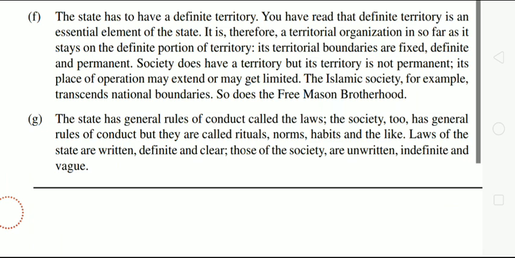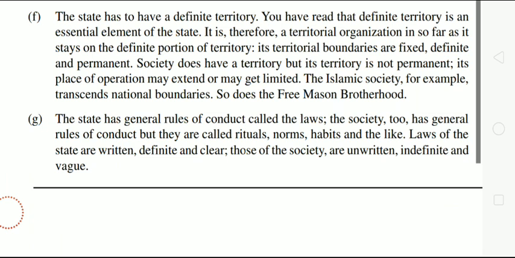Society does have a territory, but its territory is not permanent. Its place of operation may extend or may get limited. The Islamic society, for example, transcends national boundaries. So does the Freemason Brotherhood.